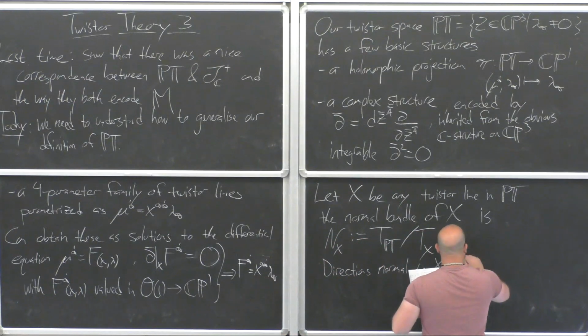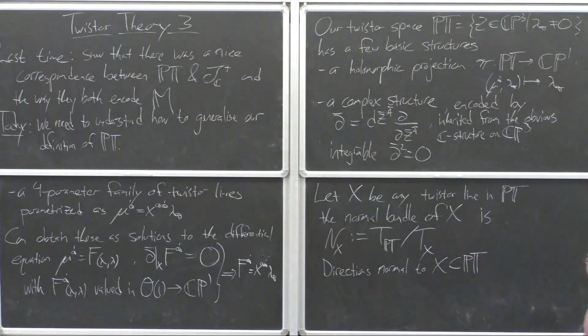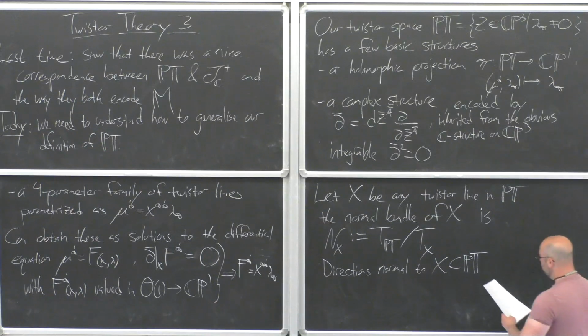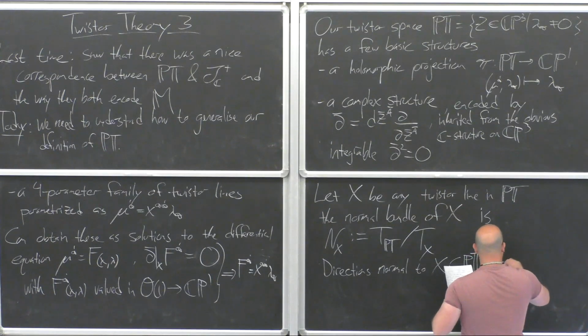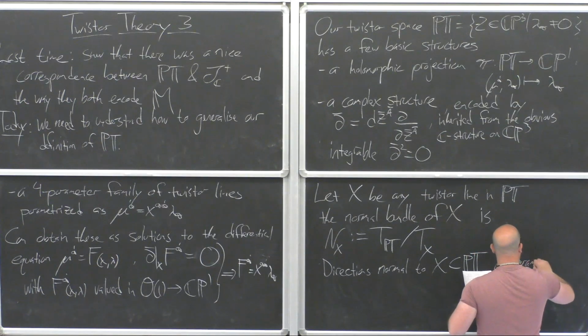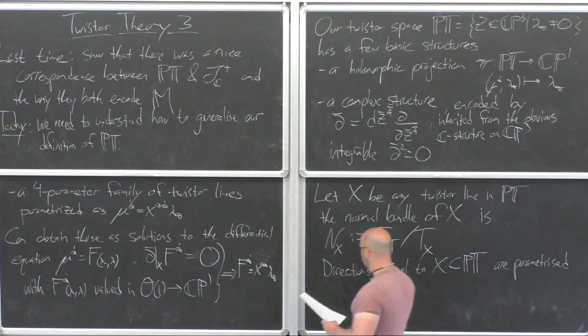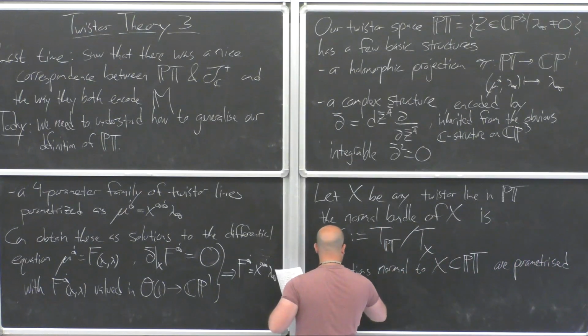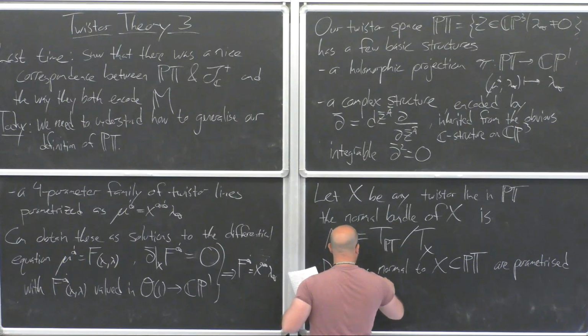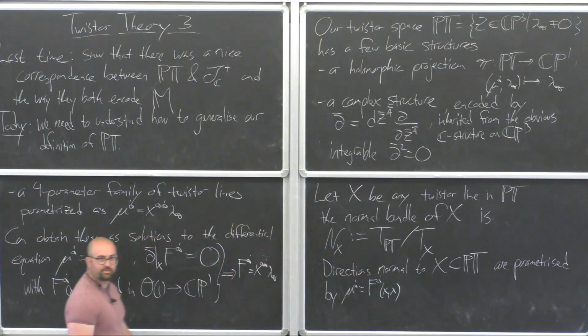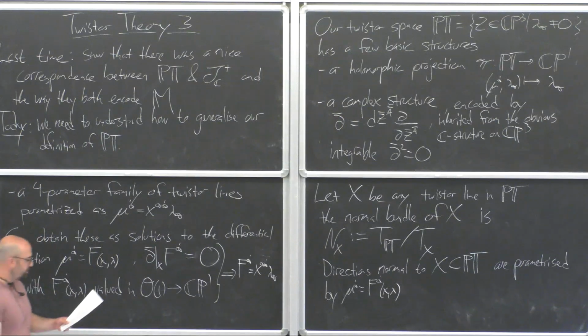So the directions normal to x in PT are parametrized by our mu alpha dots, right?